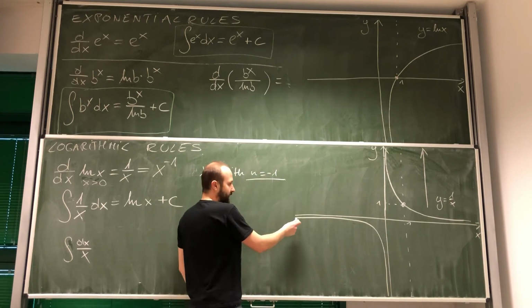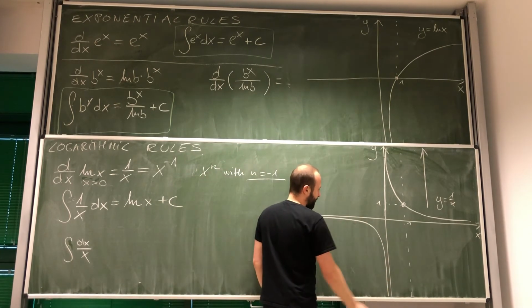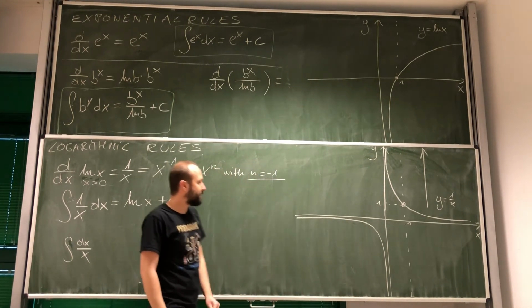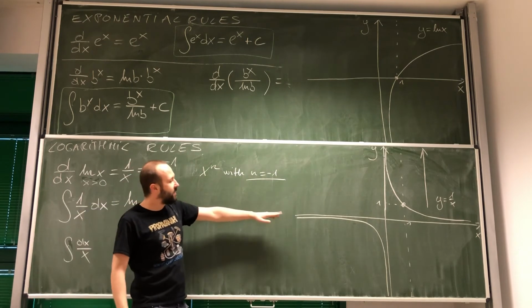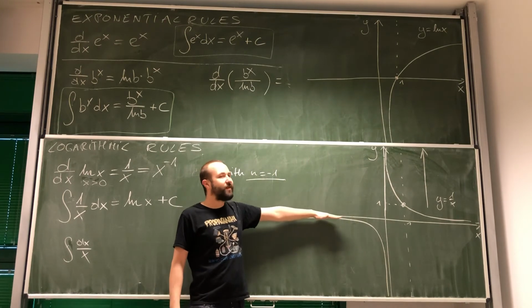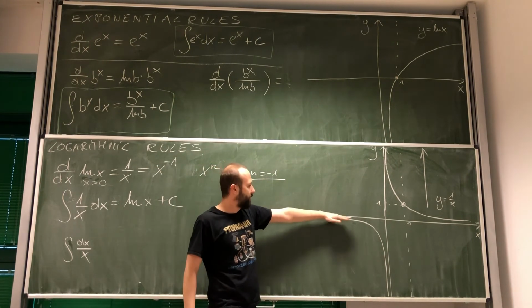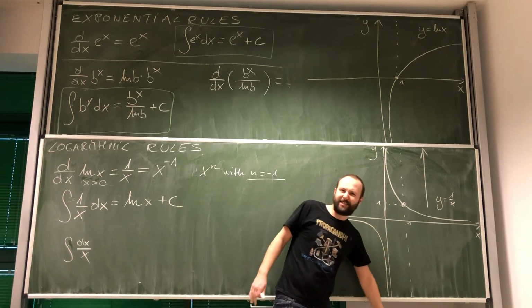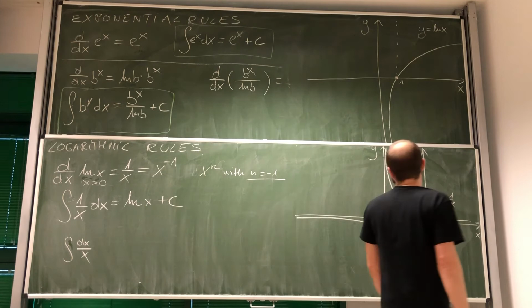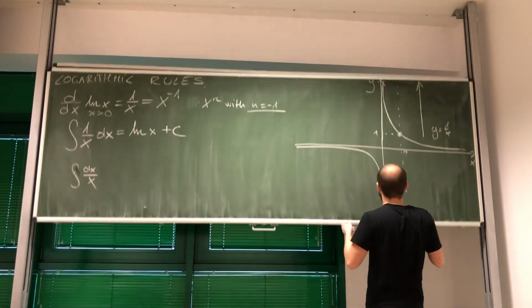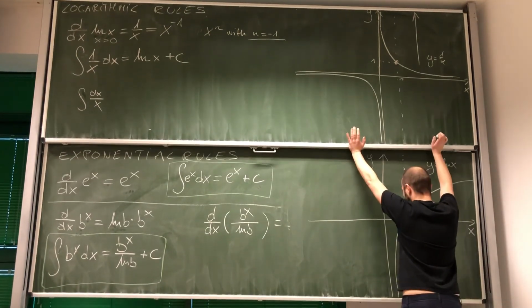We know that it should be downward sloping because all the values of the derivative here are negative. Then at the beginning it should be declining at a very flat slope, and then it should get steeper and steeper as we get closer to 0. What shape would give us this information? Well, definitely.